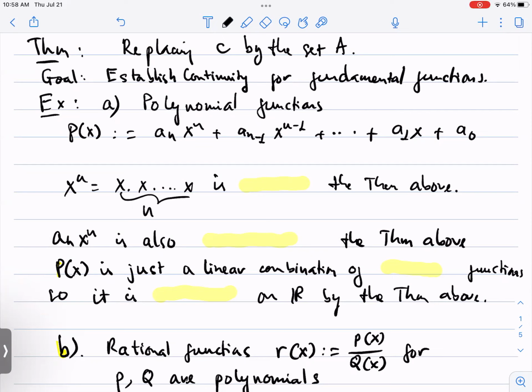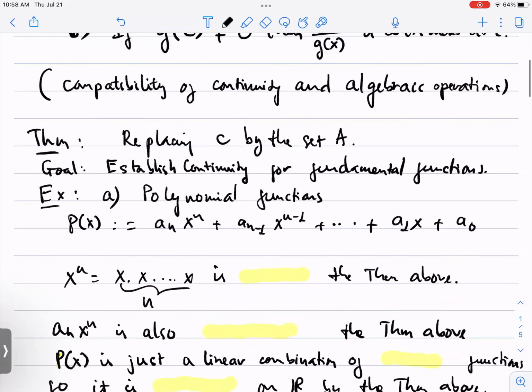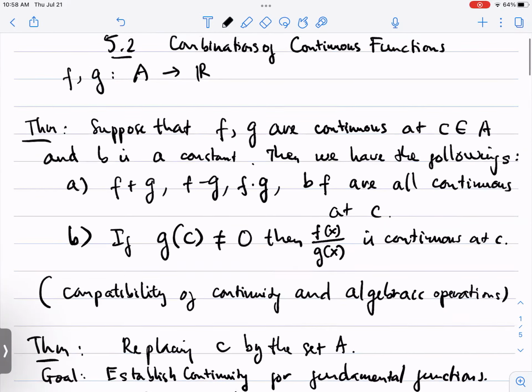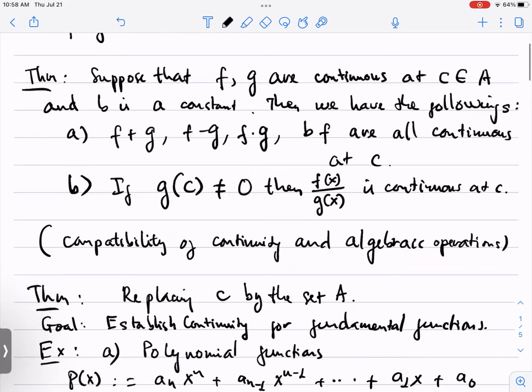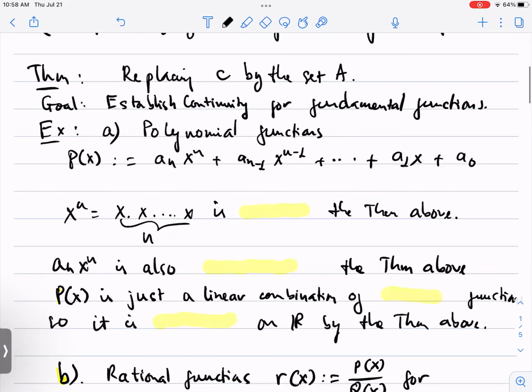We observe that x to the n here is just the multiplication of n copies of x. Each function x is continuous by the previous section. Therefore, using the theorem we just established repeatedly, we show that the product of n copies of continuous functions is continuous.